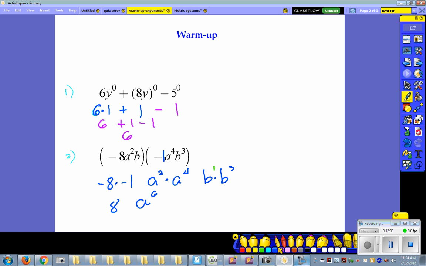Same thing, we are multiplying b raised to 1 and b raised to 3. Keep the base and add the exponents, so it will be equal to 4. Can we multiply a to the 6 and b to the 4? No, because they are not the same base. So we will have a to the 6, and b raised to 4. So this will be your final answer.